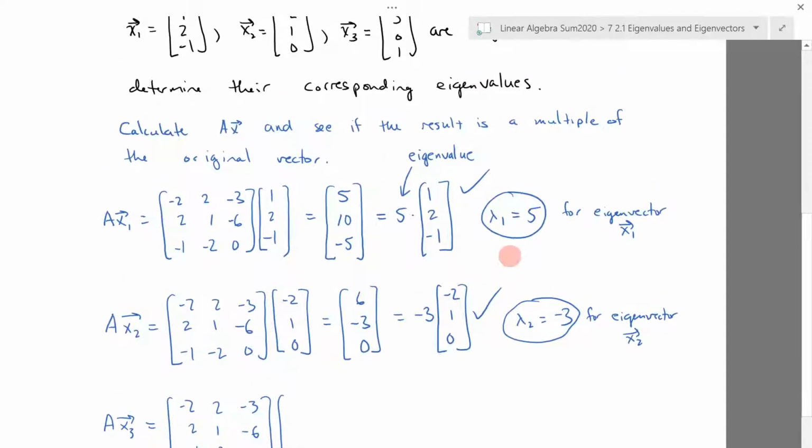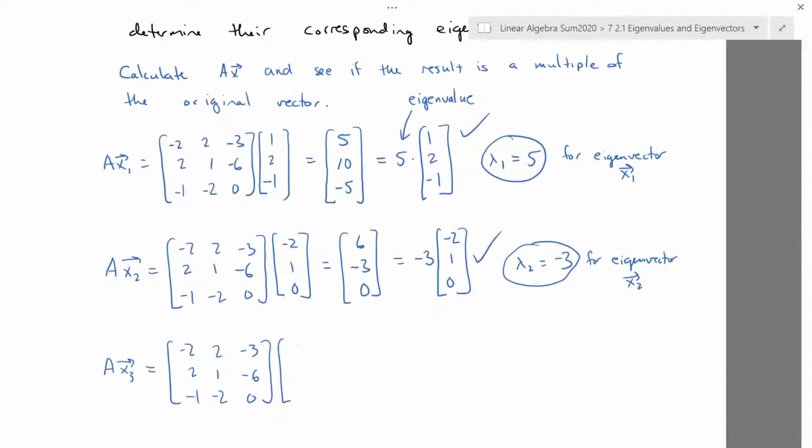X3 was 3, 0, 1. So what is the result here? Negative 6 plus 0 minus 3 is negative 9. 6 plus 0 is 6.